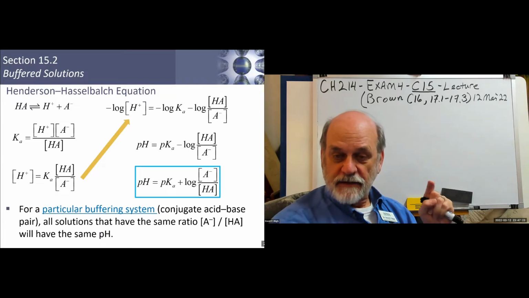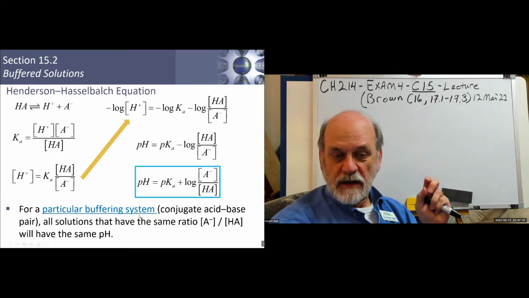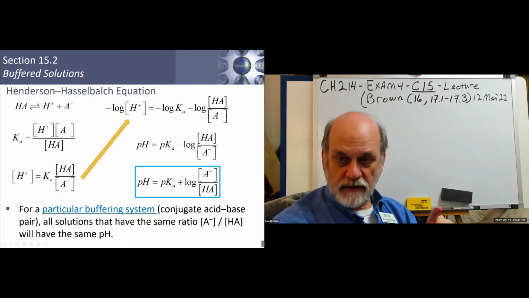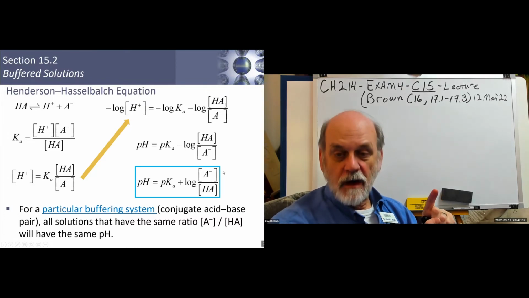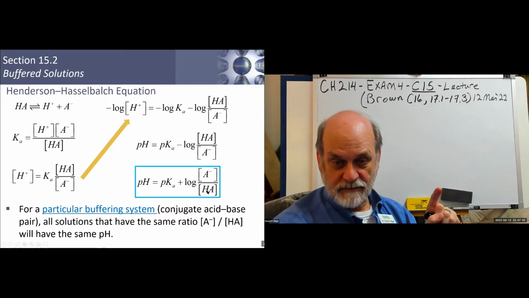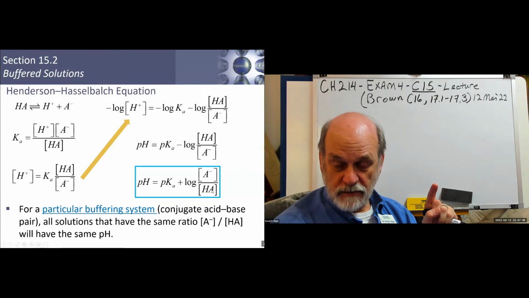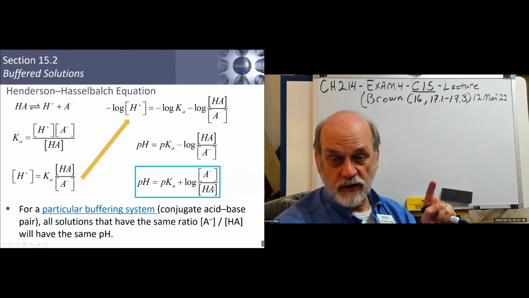Notice that for any given weak acid in a buffer situation, the only thing that's important to determine the pH of that buffer is the ratio of the conjugate base to the undissociated acid. So we could have a 1 here and a 1 here, or we could have a 0.5 here and a 0.5 here.